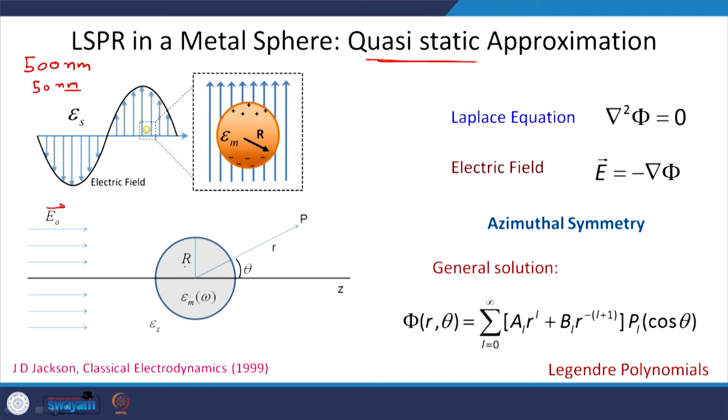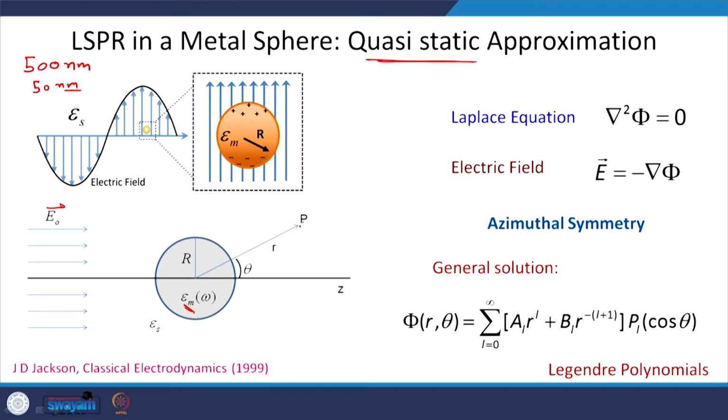The radius of the nanoparticle is r, the metal dielectric function is epsilon m, that is epsilon m1 plus i epsilon m2, we already know that. Epsilon s is the dielectric constant of the medium surrounding the nanoparticle, and let us say that at point P I want to know the electric field at a distance r and angle theta.